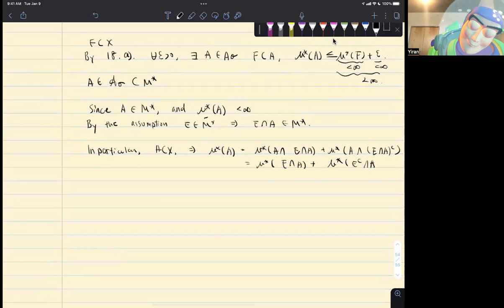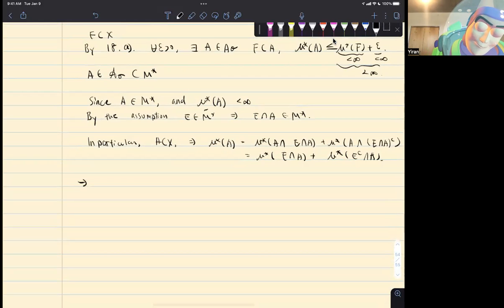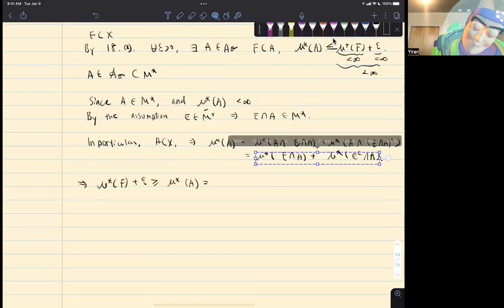Okay, and then that implies, with the previous inequality, we have mu star of F plus epsilon is larger or equal to mu star of A, and mu star of A is equal to this, right?